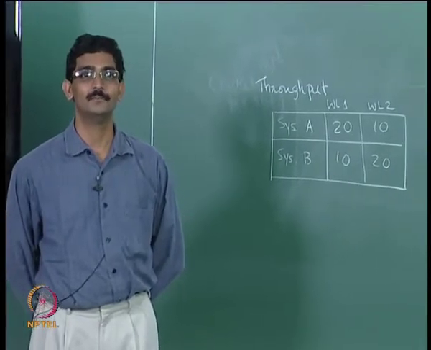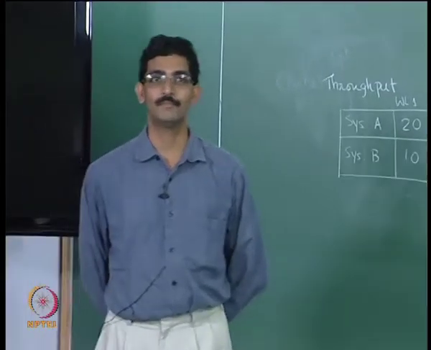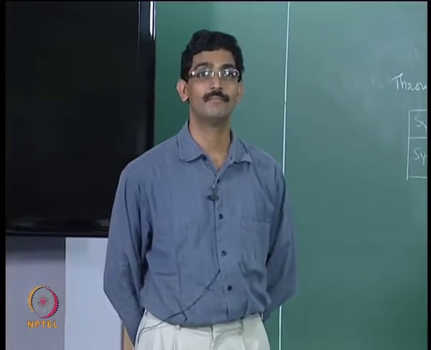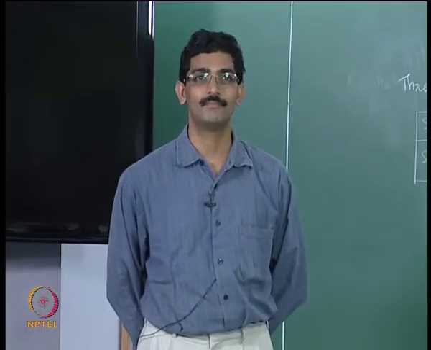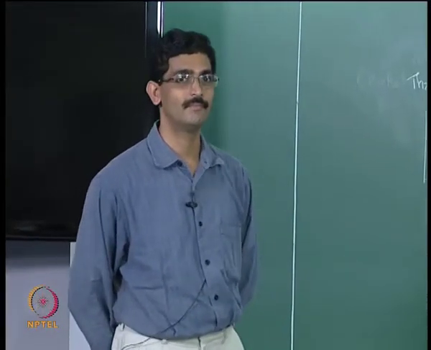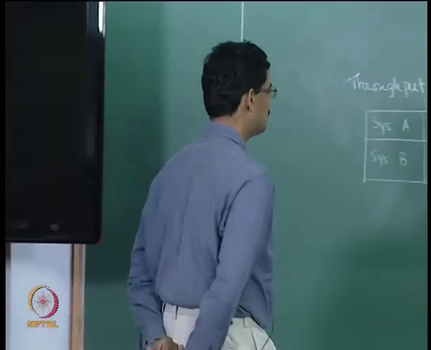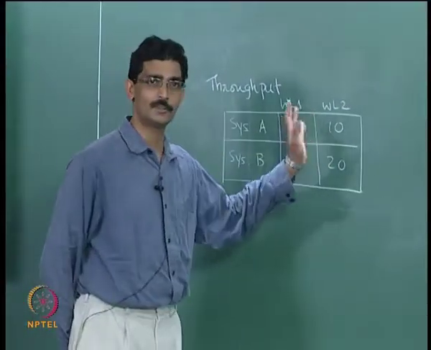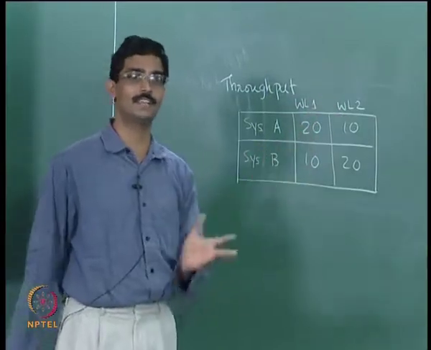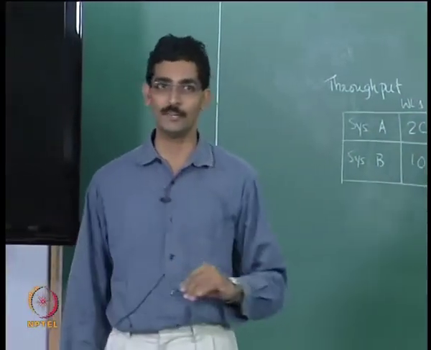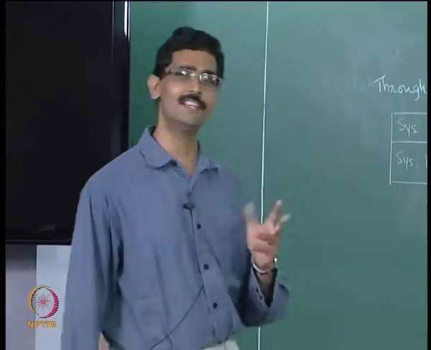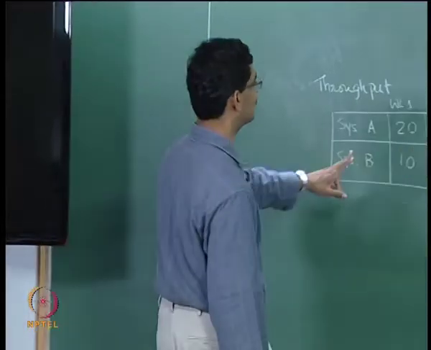In this case, we will say that system A is better when the workload is WL2, when the workload is more, and when the workload is less, then system B is better. So this could be two different workloads, high load and low load. Or, let us say that these are two different random seeds.